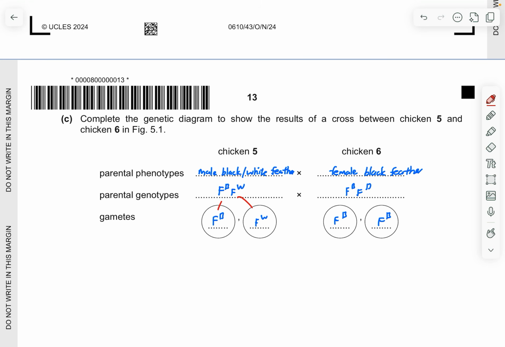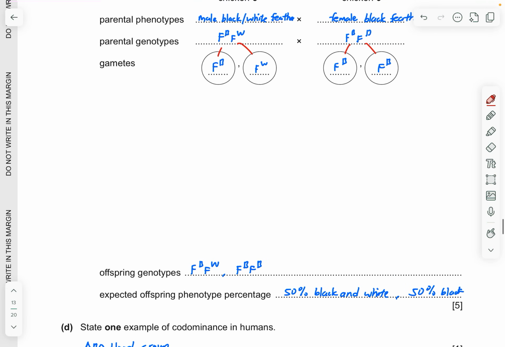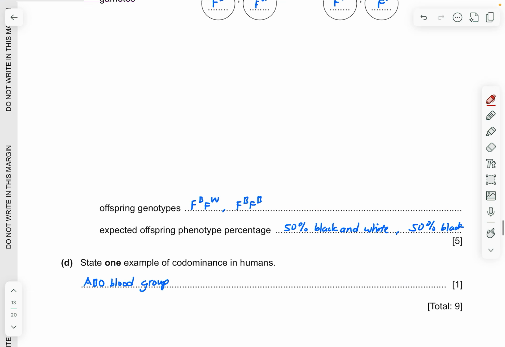It splits inside the gametes. Chicken 6 will also do the same, splitting into gametes. So you do the Punnett square, and as a result, you should get 4 different things. But there will be a duplicate, so you can just stick with FB FW, FB FB. That is enough. And the expected offspring phenotype percentage is 50% black and white, 50% black.